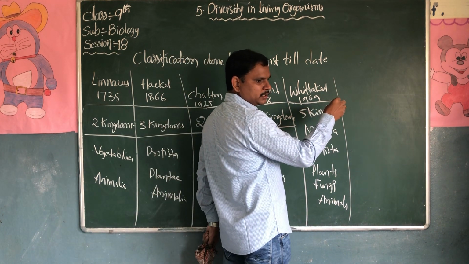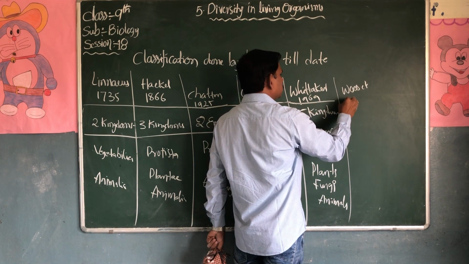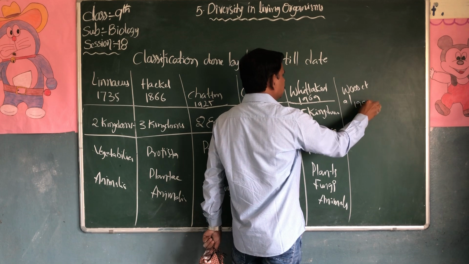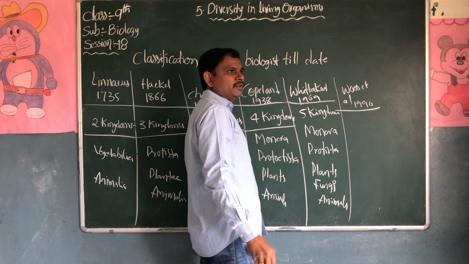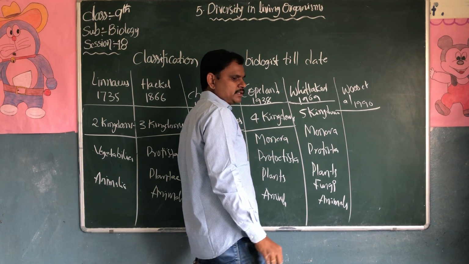In 1990, he divided three kingdoms. One is bacteria, archaea, eukarya.